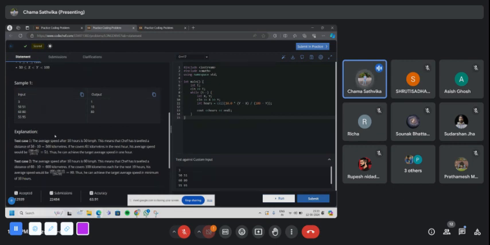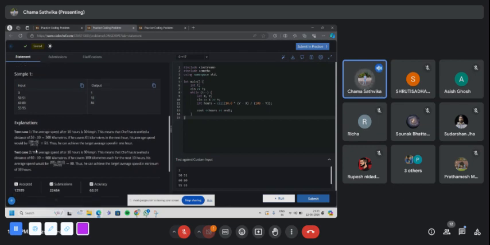Now we need to find the time to reach the average speed 51 kmph. So simply distance by time. But here we are having two variables which we don't know.